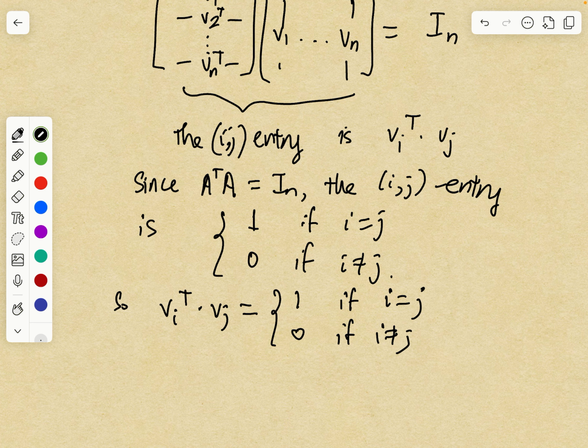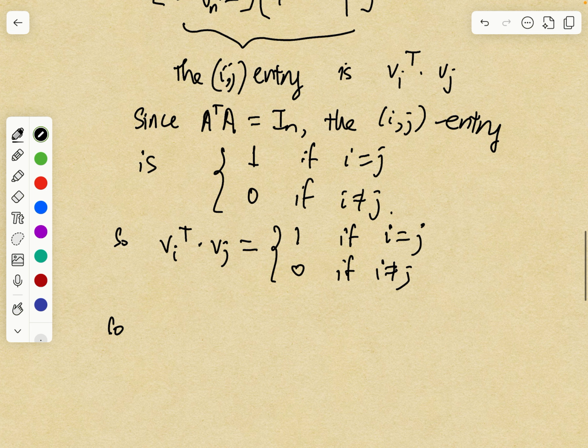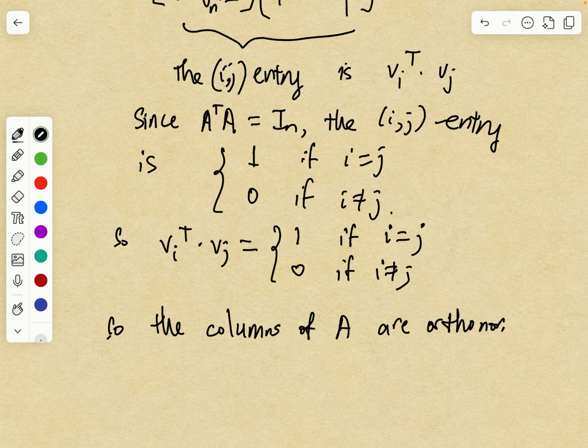Well, that's precisely what it means for your vectors to be orthonormal. So the columns of A are orthonormal. Because if i is not equal to j, so if they're different columns, then the dot product needs to be 0.